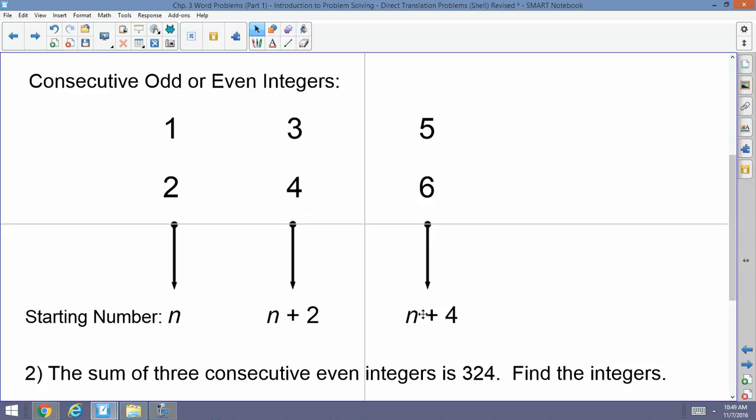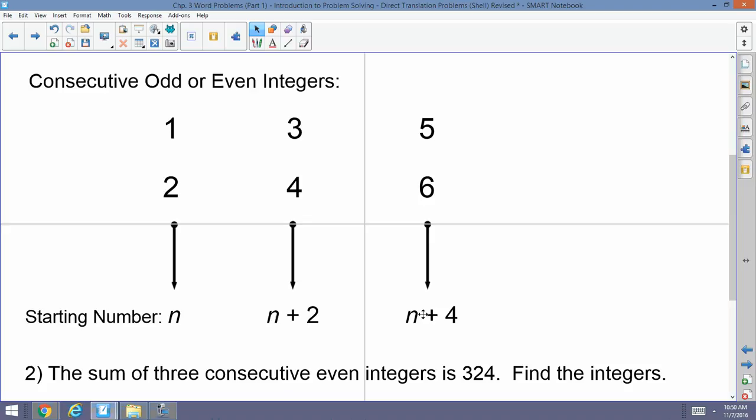So it depends on the number. You don't always add 2; it depends on whether it's consecutive even, consecutive odd, or consecutive integers. If I say I have the sum of 3 consecutive integers, that's going to be n plus 1, n plus 2. If I say I have the sum of consecutive odd integers, it's going to be n plus 2, n plus 4. And the same thing for even.